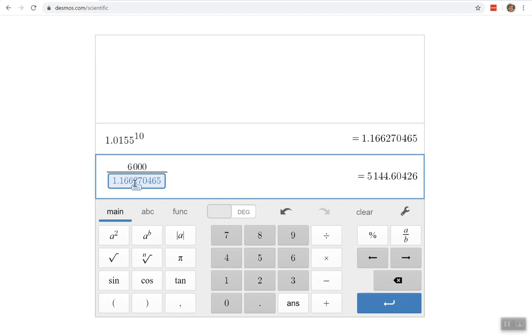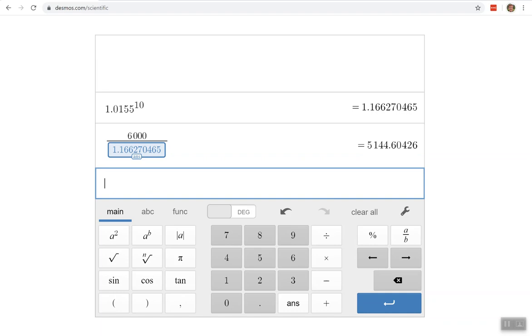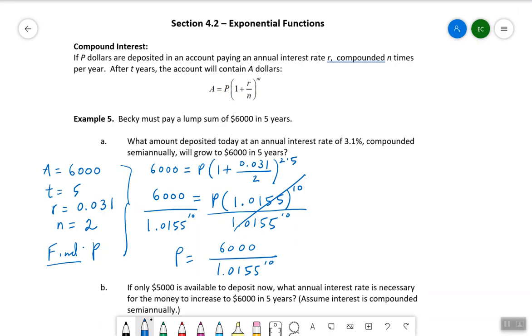Your calculator may not display the number, it may just display A and S, but we can hit enter, and there's our answer, $5,144.60. And again, the assumption is we'll round to the nearest penny. So $5,144.60, and we can box that up.